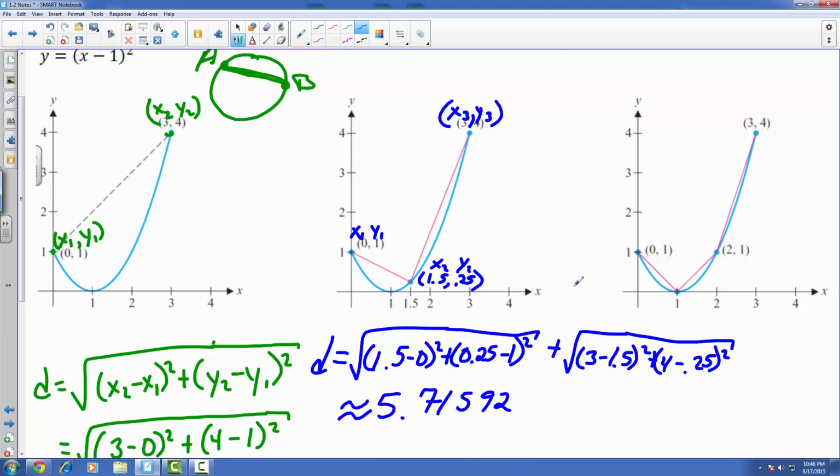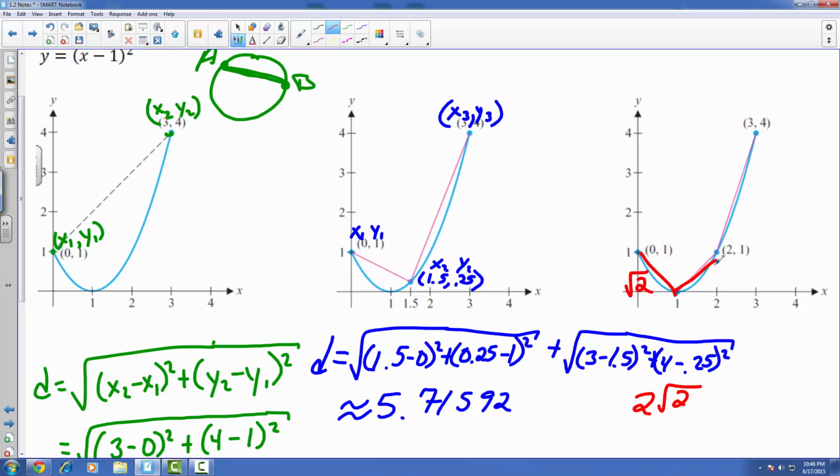Well, what happens now when you do 4 points? Ooh, that would be a lot of calculations if you had to do it by hand. I'm going to skip things though. When you actually do it, you end up with 2 root 2 in the end. For this distance, you should end up with root 2.